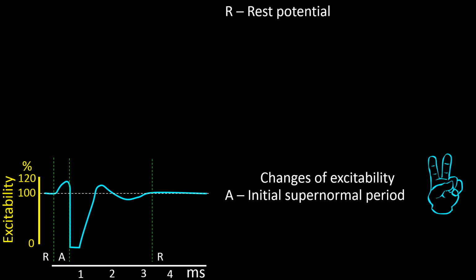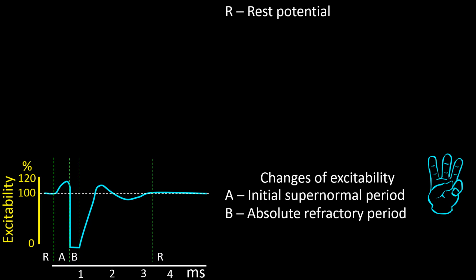The next excitability period, which I have labeled B, is called the absolute refractory period. During this period, no stimulus, regardless of intensity, can trigger a second action potential. So the excitability of the membrane during this period is 0.